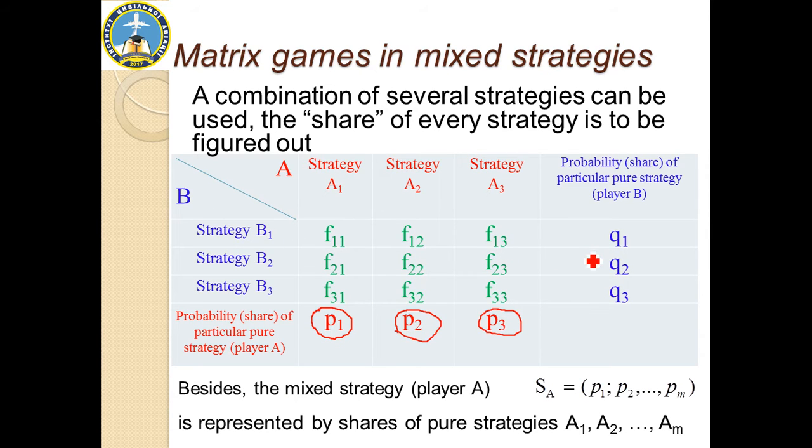Player B has the same options. He can randomize between using different strategies. For example, he applies his strategy B1 with a probability or share of Q sub 1, strategy B2 with share Q sub 2, and Q sub 3 is the share or probability of strategy B3 as played by player B.